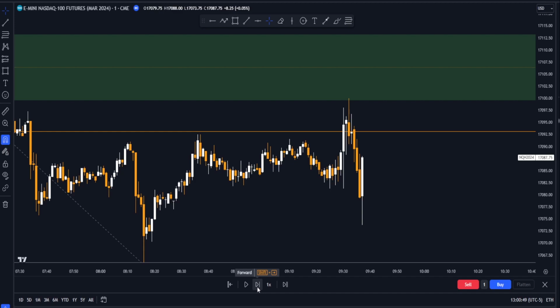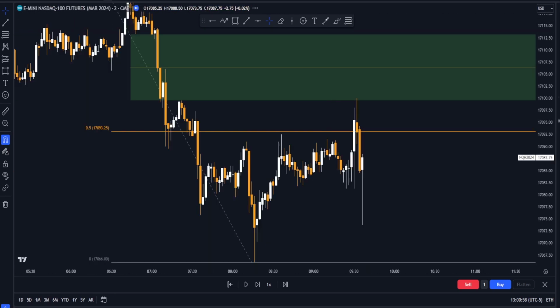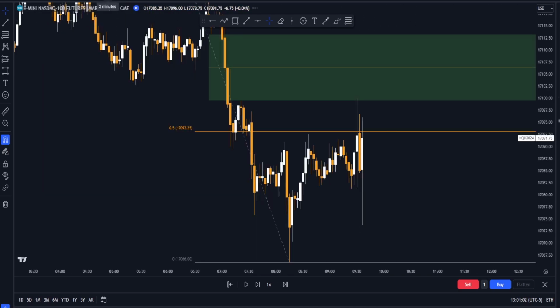You can also go 2-minute, 3-minute, or 30-second, it's really up to you. The higher the time frame, basically the more important it is.